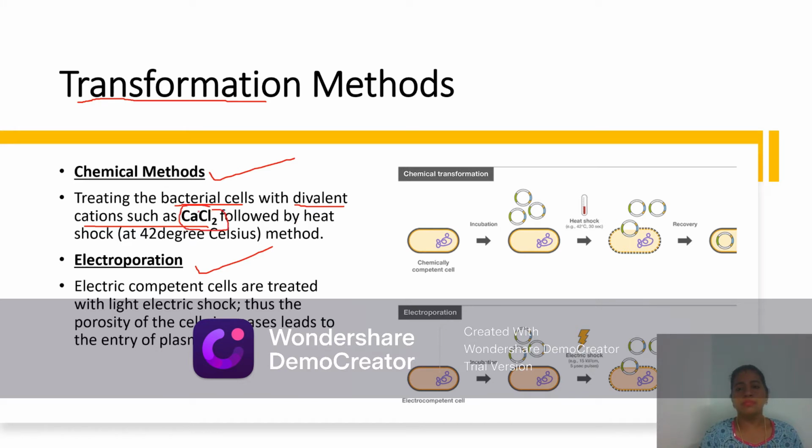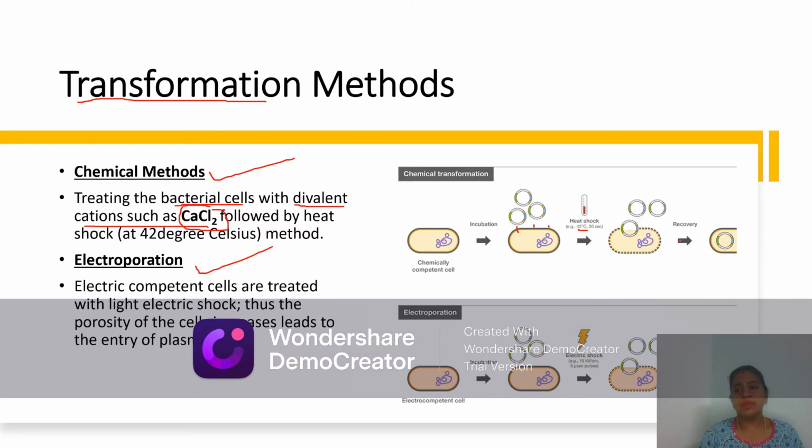What will happen? It will make the cells porous. After that, we give a heat shock at 42 degrees C, which makes porous-like structures on the membrane of the bacteria. Once it's porous, the plasmids or the vector will go inside.